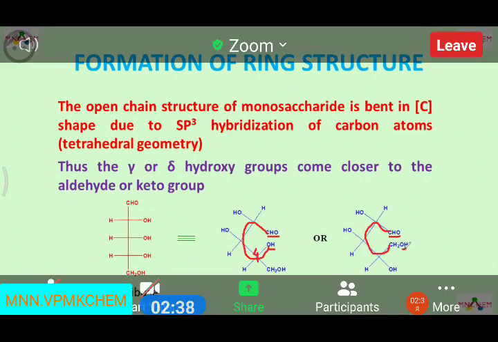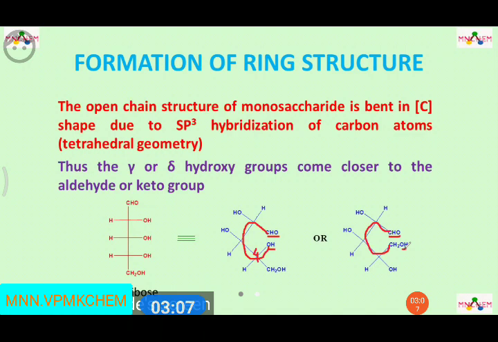So due to this, OH of C4 reacts with aldehyde, or OH of C5 reacts with aldehyde, intramolecular hemiacetal formation takes place, and they give an oxide ring. This oxide ring may be 5-membered or 6-membered.